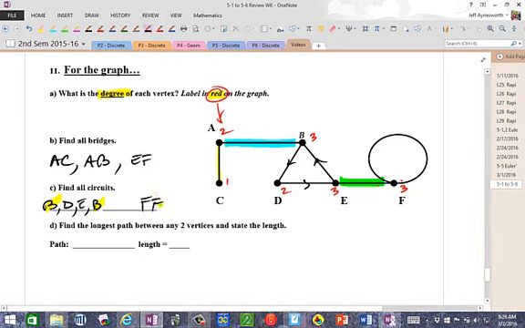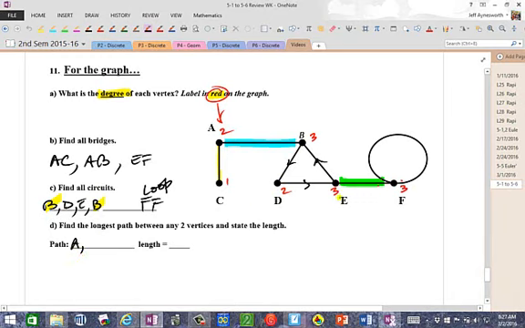And what is the longest path of any two vertices, and state the length? Okay, the longest path. So one path between two vertices, let's say C to A. Let me start at C here.